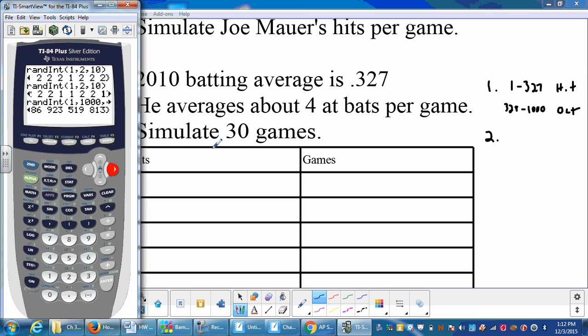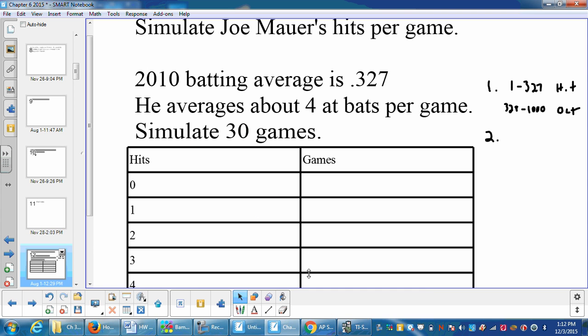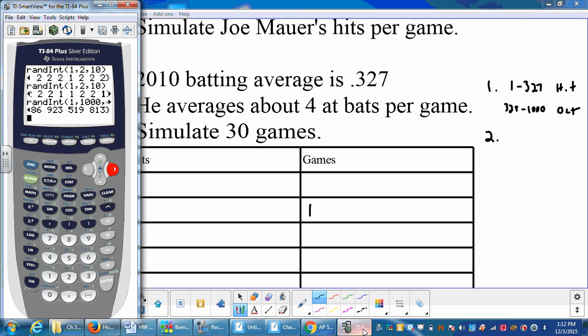He has one hit, so we make one tally for one hit. Then we hit enter again, and there's 1, 2 between 1 and 327. So that game, he got 2 hits.